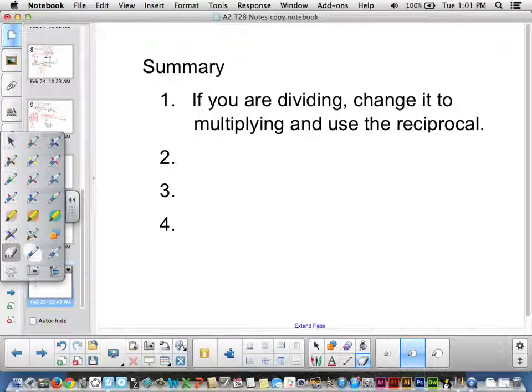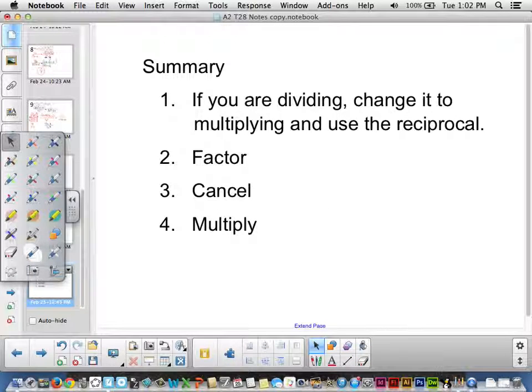If you start with division, you've got to flip the second one first. And then just like yesterday, you're going to factor. And the whole point of factoring is so that you can cancel and make your stuff easier. And then for today, we're finishing up. You're going to multiply the results across the top because they're fractions, and across the denominators.